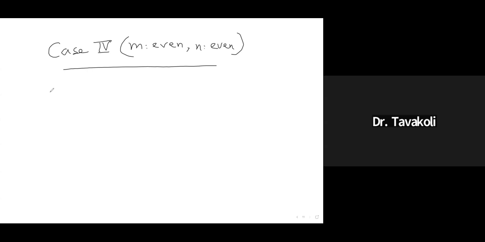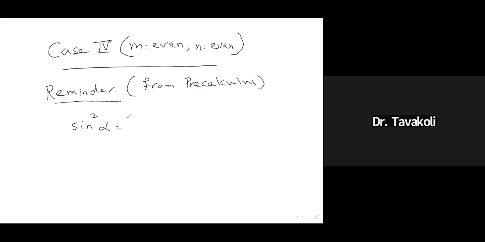So as a reminder, from pre-calculus or from trigonometry, sine squared of an angle alpha, if I want to write this in terms of cosine of double angle, that's going to be 1 minus cosine of 2 alpha over 2.